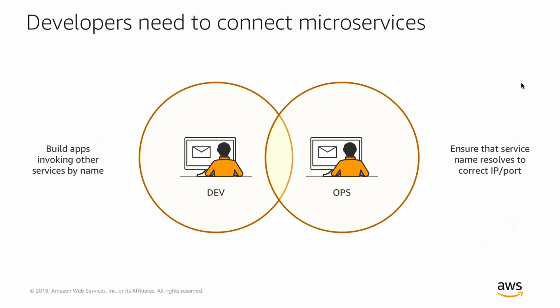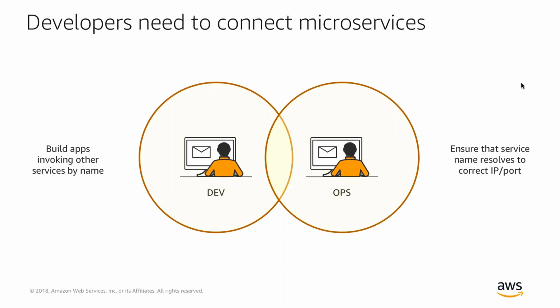So Service Discovery is particularly relevant in a microservices environment because there's a couple of problems that arise with microservices. The first problem is from the developer perspective. If I'm building a microservice and I have a variety of services that are part of my environment, how can I build my apps such that they can reach the other services by name without needing to necessarily know where those services are?